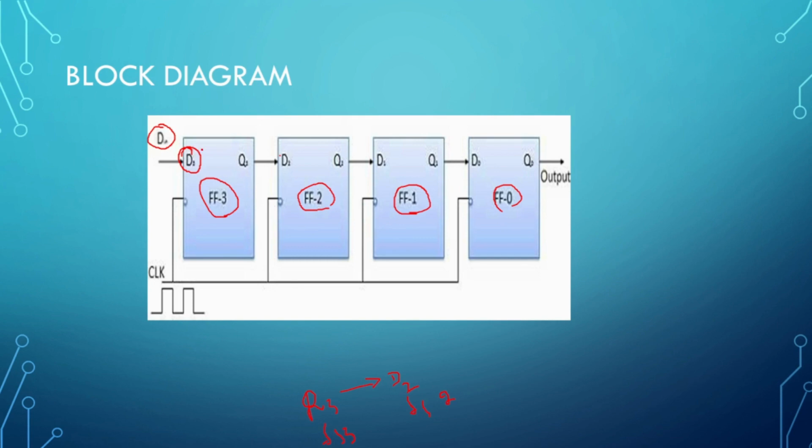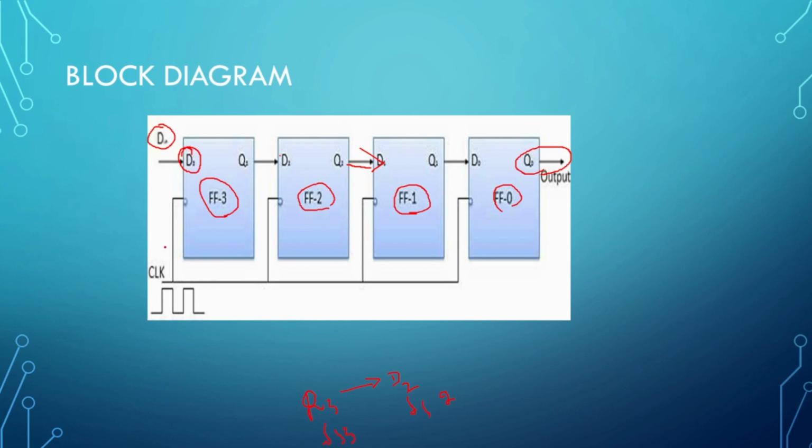In simple words, the flip-flop 3 output acts as an input of the second flip-flop. The same procedure is followed between flip-flop 2 and flip-flop 1. The flip-flop 2 output acts as an input for flip-flop 1, and the flip-flop 1 output acts as an input for flip-flop 0, and Q0 is the final output of the serial in, serial out register.